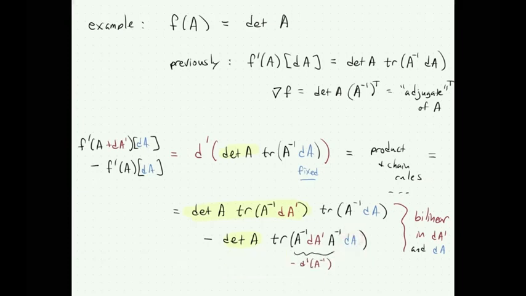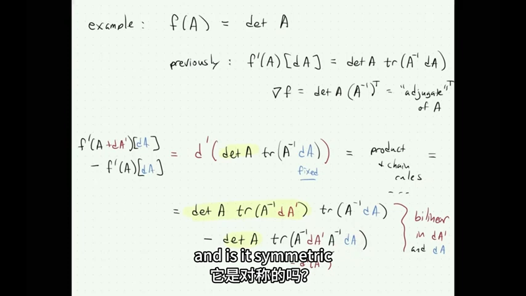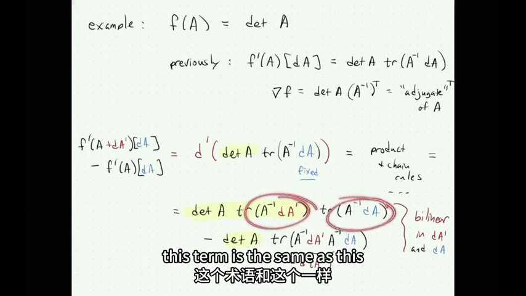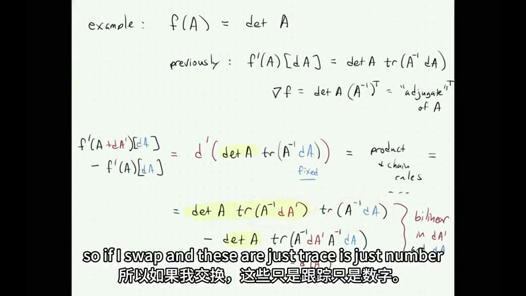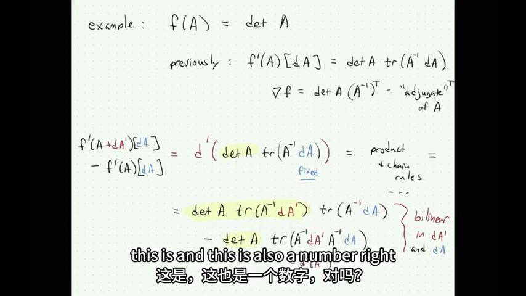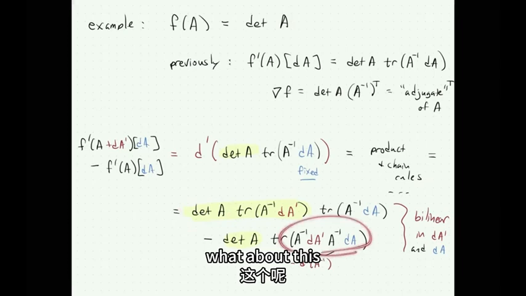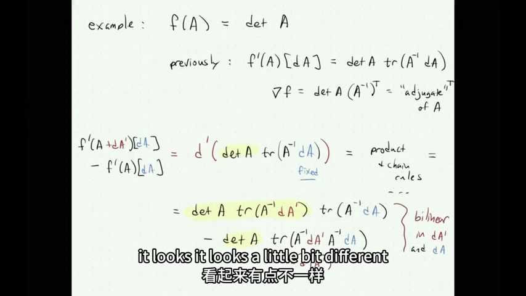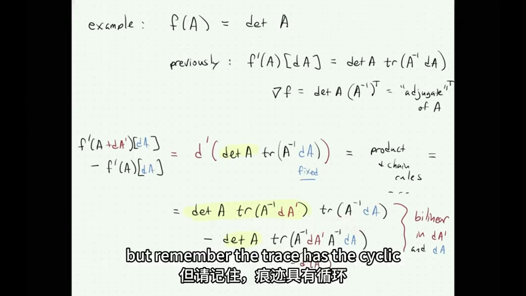Okay? And is it symmetric? Well, let's look. This term is the same as this. Right? So if I swap, and trace is just a number, so I can swap these two terms. Right? That's fine. This is also a number. Right? What about this? If I swap dA and d prime, it looks a little bit different. But remember, the trace has the cyclic property.